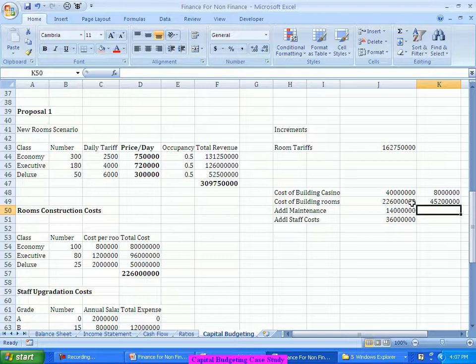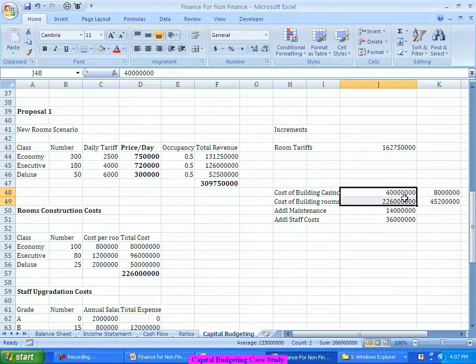But for considering your benefit, you will not consider the depreciation because the whole cash is going off in year 0 itself. Right? So for finding out your incremental benefit, we don't use these two. We don't use this because this is a one time.